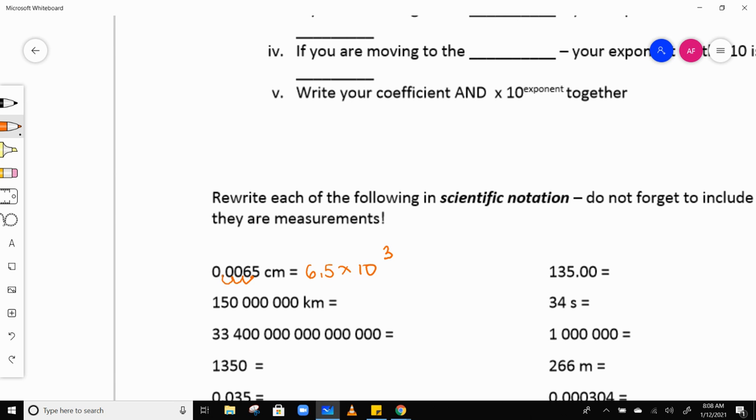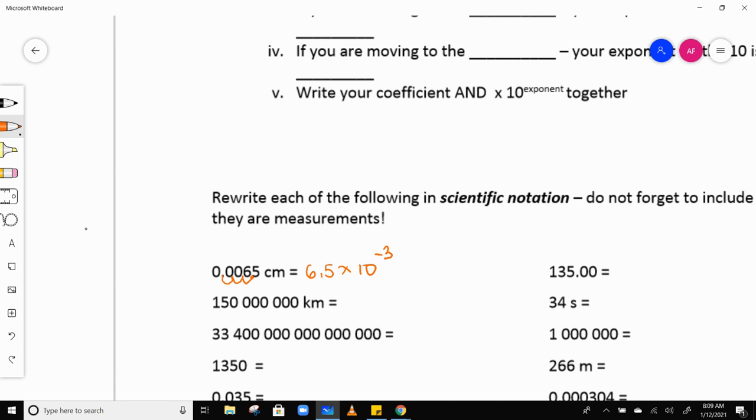Okay. So we moved it 3 spaces. However, this number was less than 1. So anytime the number is less than 1, anytime it's a decimal, the exponent is going to be negative.